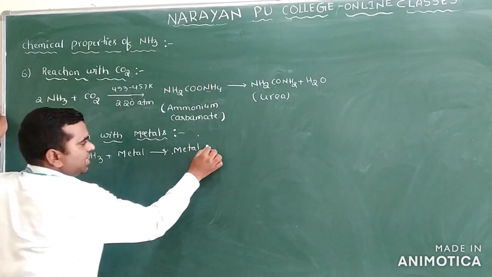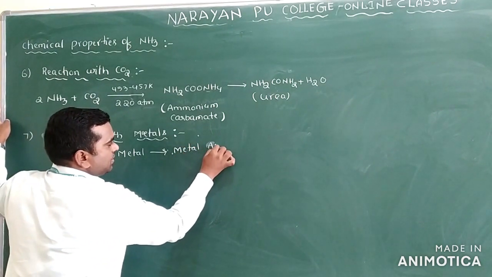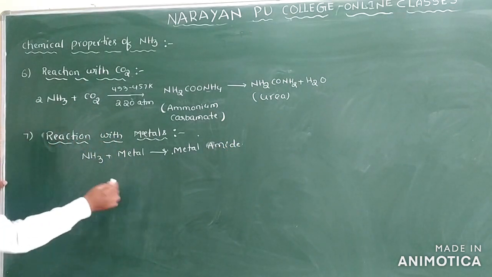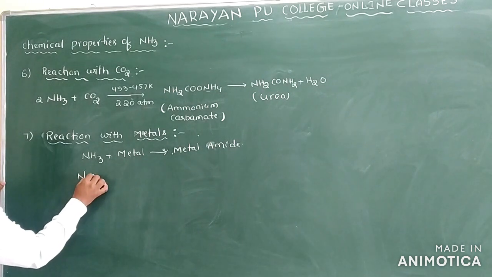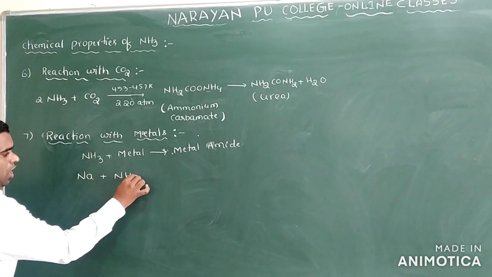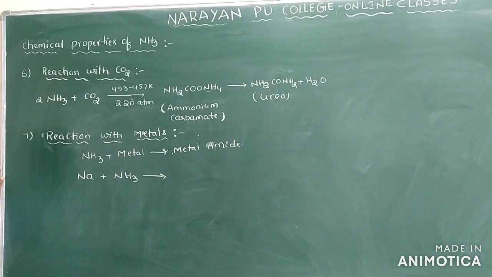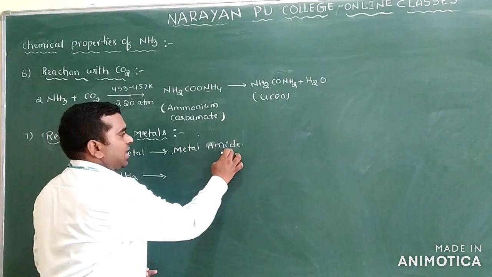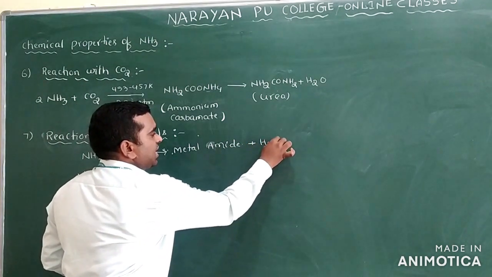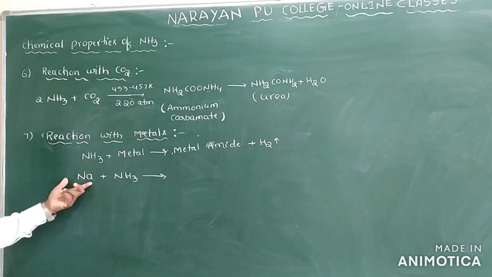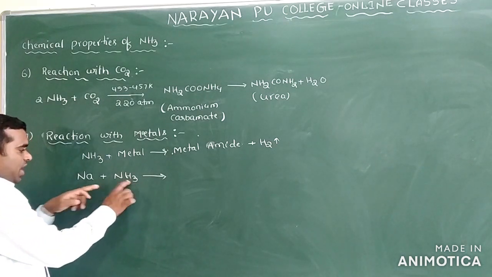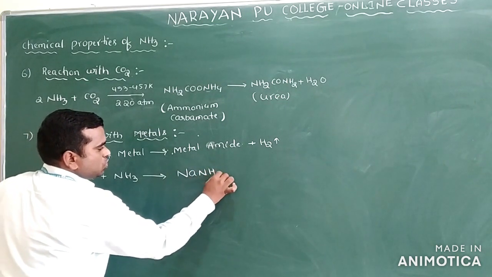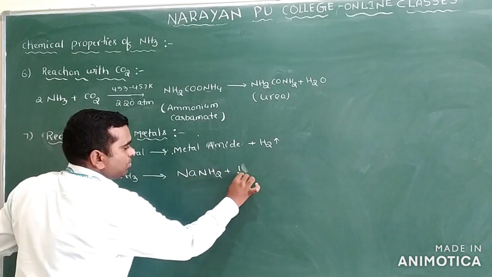A simple example: if I take sodium and treat it with ammonia, one hydrogen will be replaced by sodium, and hydrogen gas will be released. So sodium and NH3, one of the hydrogens is replaced by sodium, and you get NaNH2 plus H2.